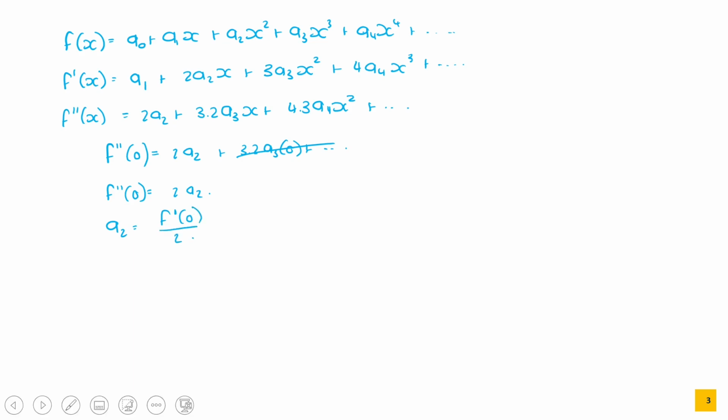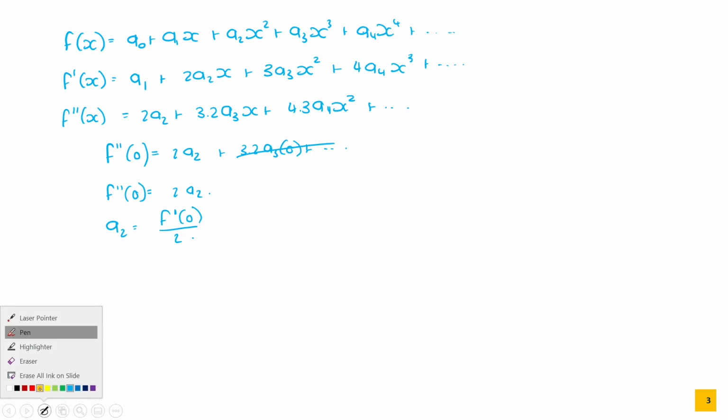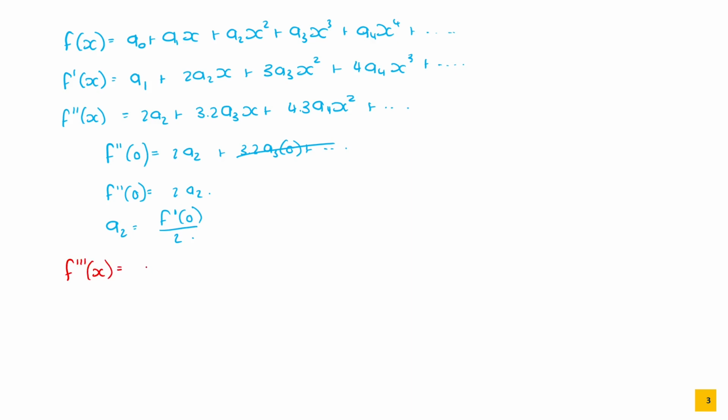Now we need to solve for our third a, so we need our third derivative. We have the third derivative is equal to 3 times 2 times 1a3 plus 4 times 3 times 2a4x plus, and continues on.